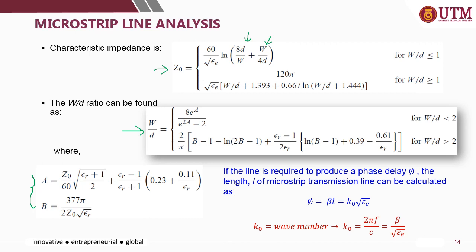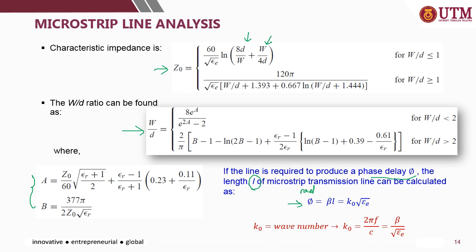In the case of a line required to produce a phase delay of phi, the length of the microstrip can be calculated by this relation. Phi, in radians, equals beta L.